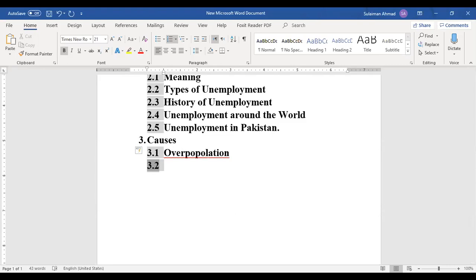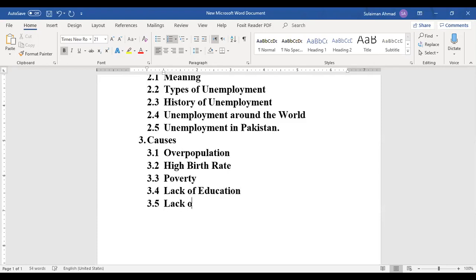Lack of education. Poverty. Lack of access, lack of government jobs, lack of job opportunities.